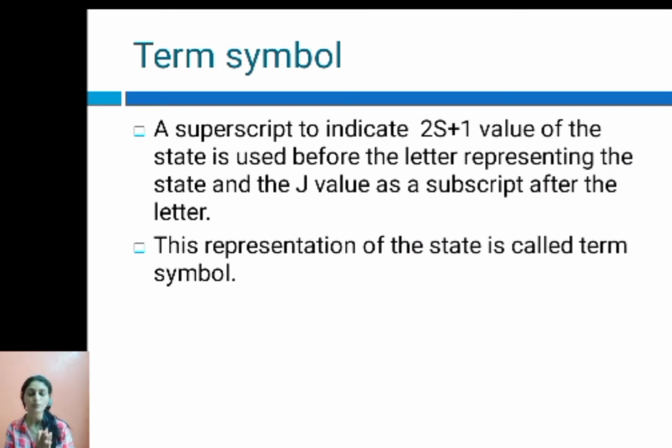Now we will solve certain problems related to term symbols, and then everything, what is multiplicity, what is J, how we are writing exactly the terms, all that will become very clear to you.